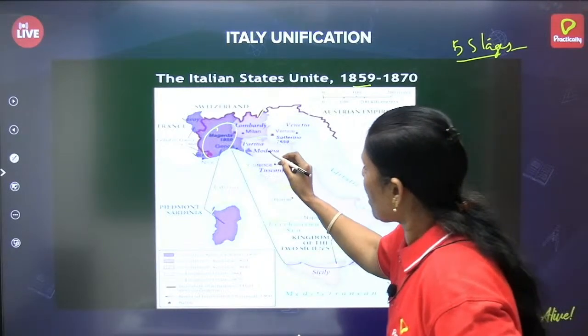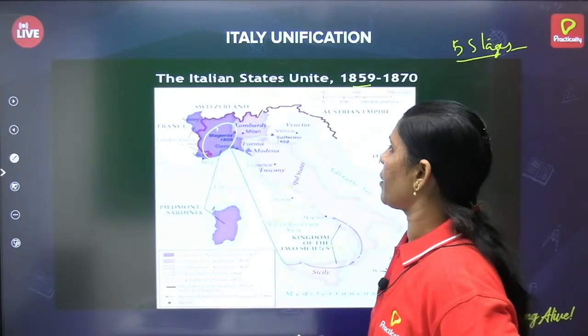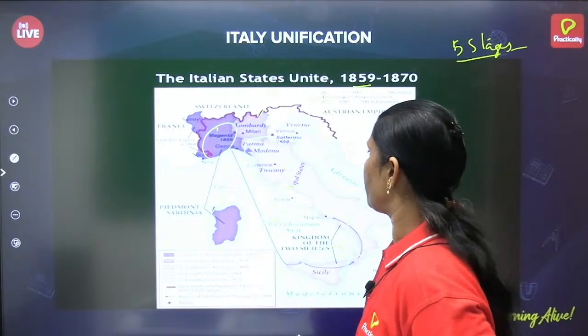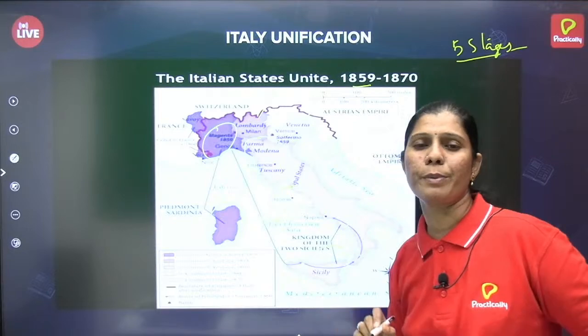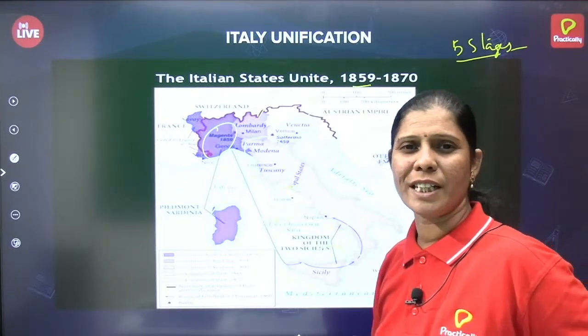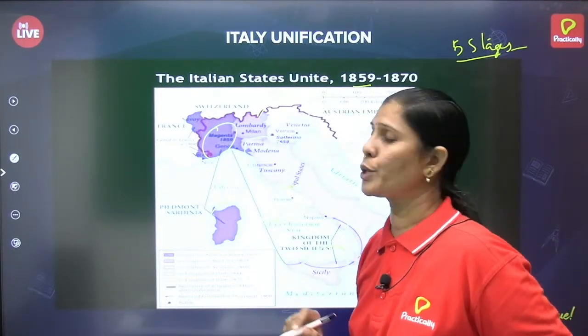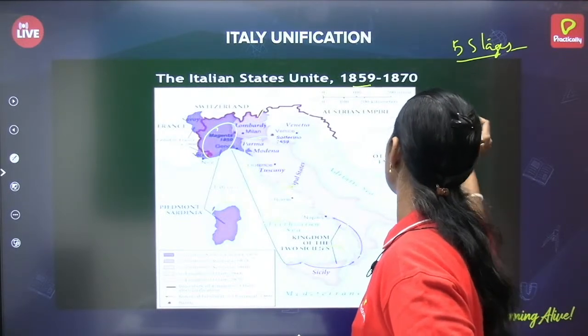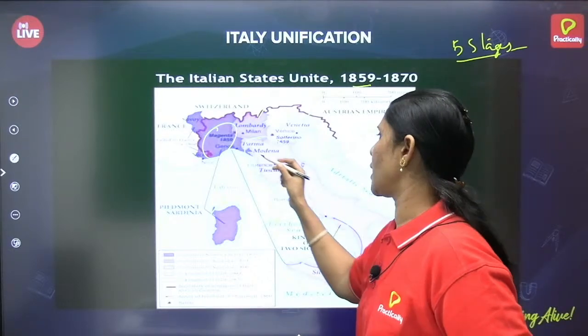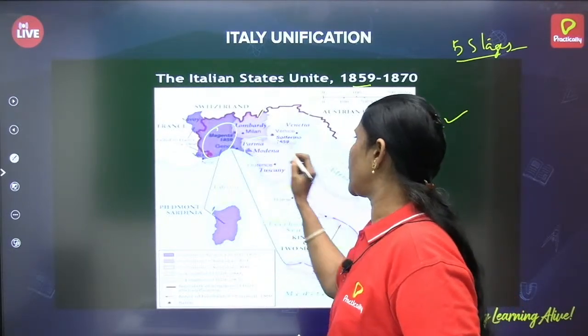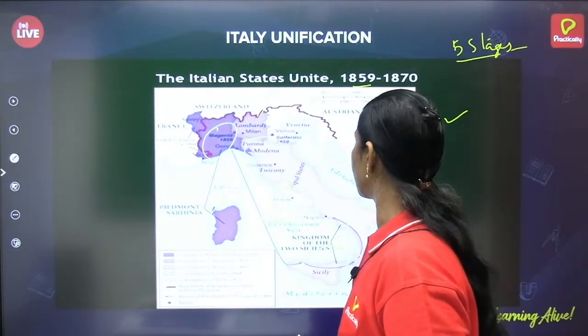And Parma, Modena, and Tuscany were taken into Sardinia and Piedmont. Once the people were not satisfied with the client kings, a plebiscite was declared, and the people did not accept the kings as Habsburg Empire rulers. So in such cases, Cavour took control of Parma, Modena, and Tuscany.